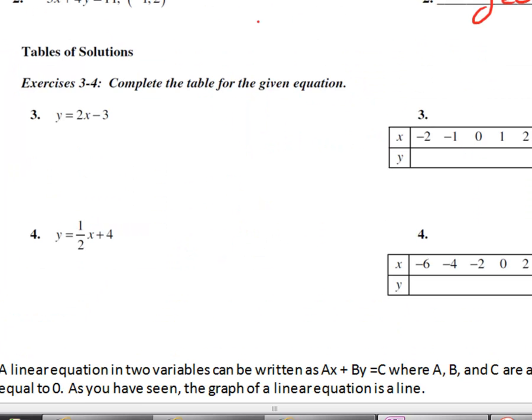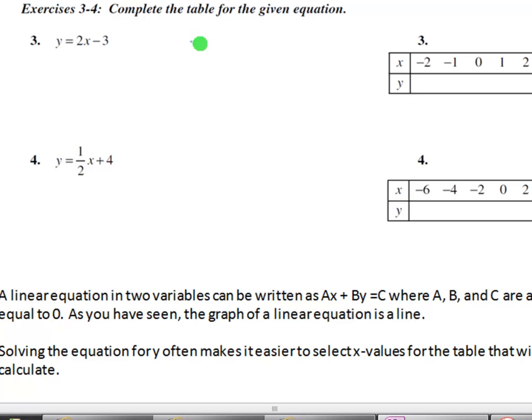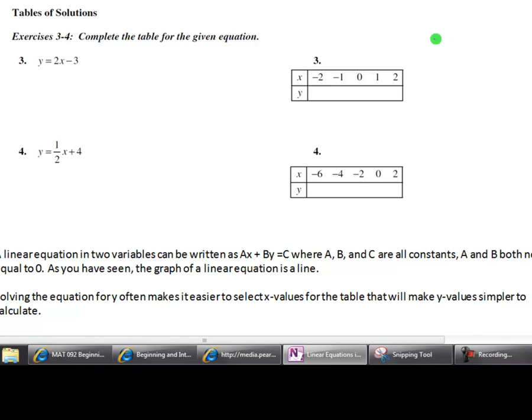In our next examples, we're going to make our own table of solutions for the given linear equation. And our first equation is y equals 2x minus 3. And notice that we already have pre-chosen for us our x coordinates, our x values. So we're going to substitute and solve for the y value.